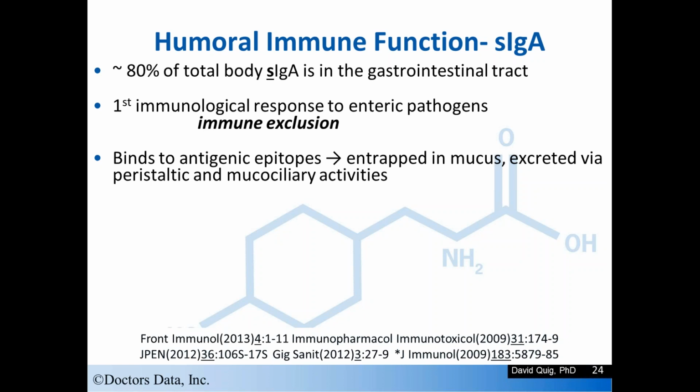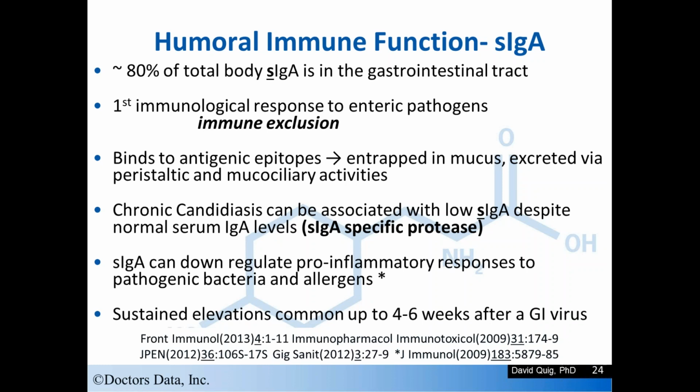It binds to antigenic epitopes of the invaders. The secretory IgA traps the invaders in the mucus, and then they are excreted associated with secretory IgA via peristaltic and mucociliary activities.